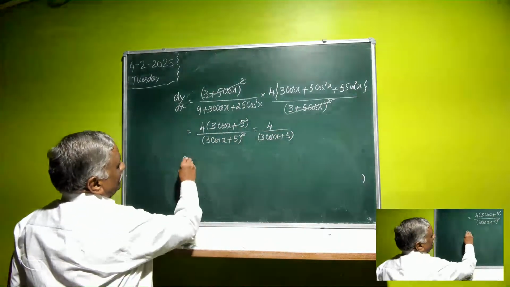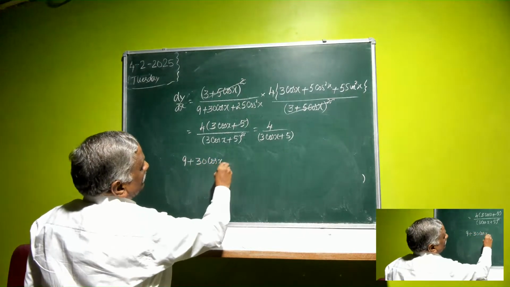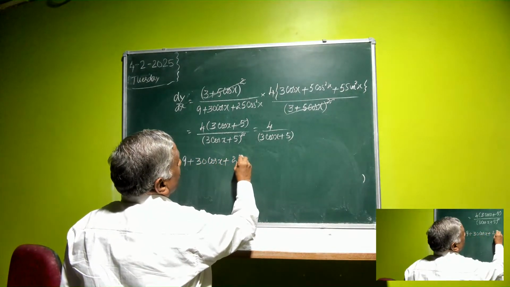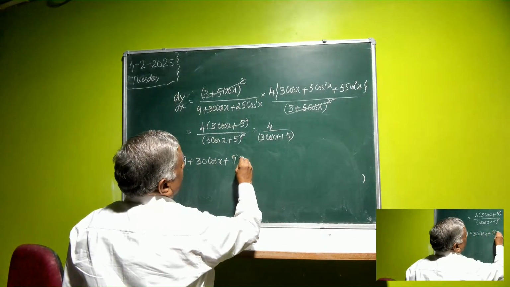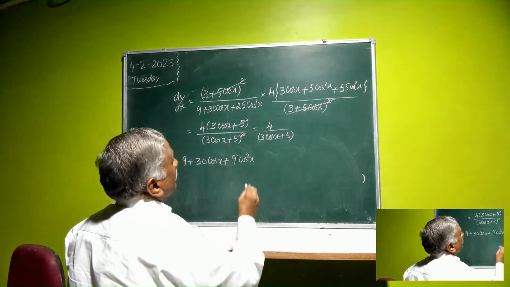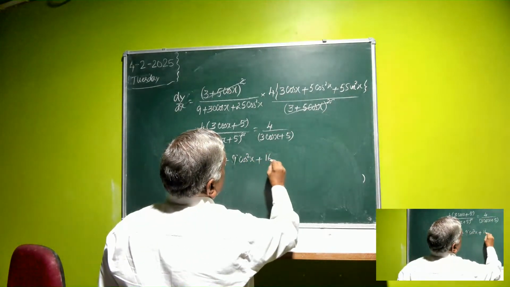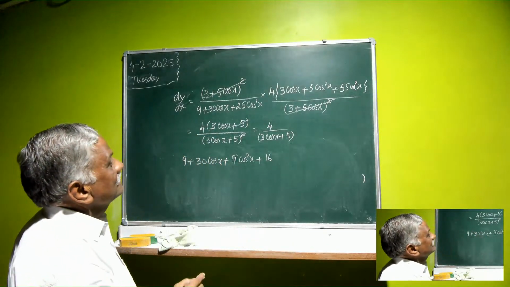You have got 9 plus 30 cos x and 25. You write 25 as 9 cos square x plus 16 cos square x.